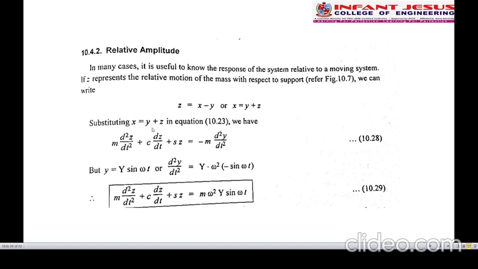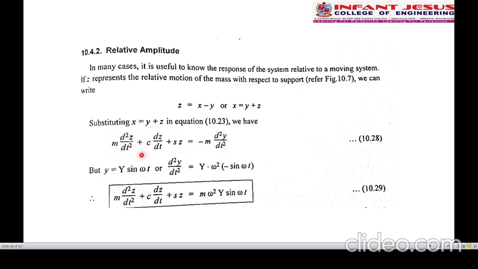So this we have to simplify. After simplification, we get this formula, that is m d square z by dt square plus c dz by dt plus sz equal to minus m d square y by dt square. So on that equation, if we simplify for x as y plus z and solving, we get this equation.